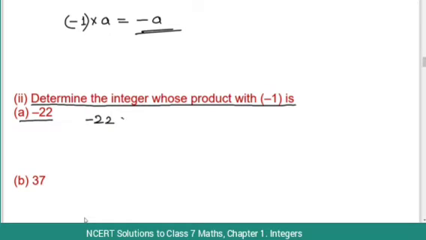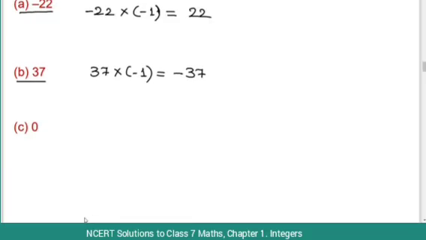So minus 22 into minus 1 is equal to, minus minus get cancelled, answer is 22 only. 37 into minus 1. So here 37 into 1 is 37 and this becomes minus 37. 0 into minus 1 is 0.